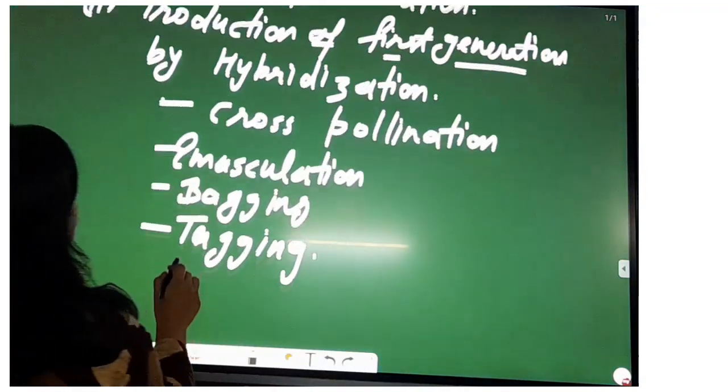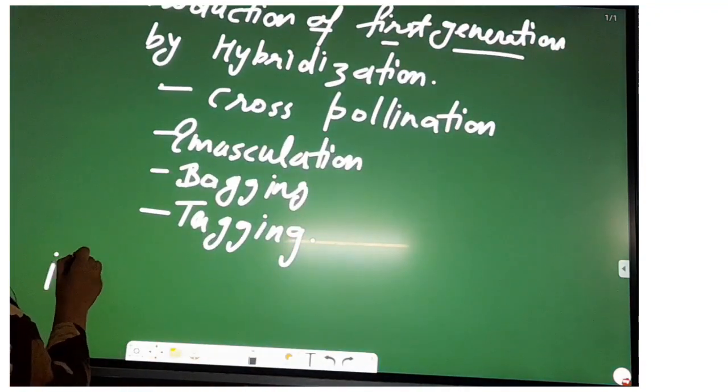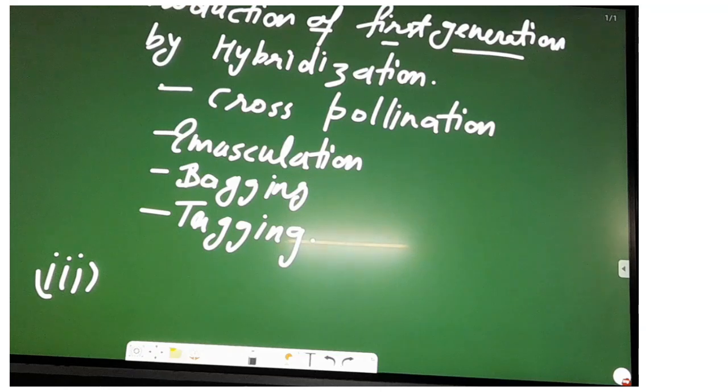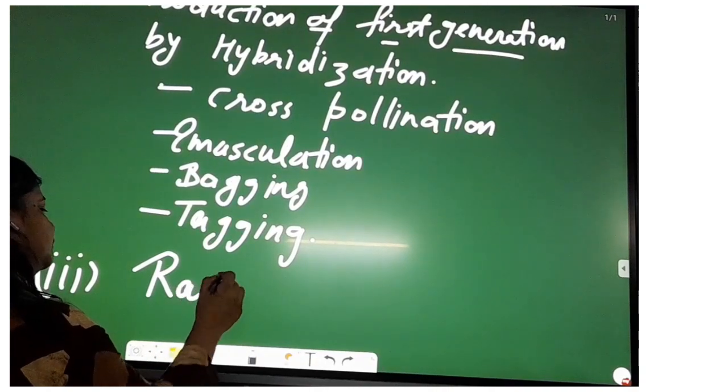So by doing these steps, you can produce the first generation. His third step was raising of the second generation.